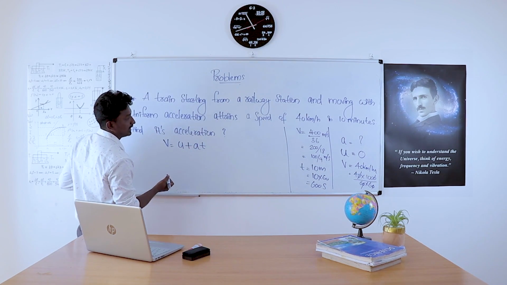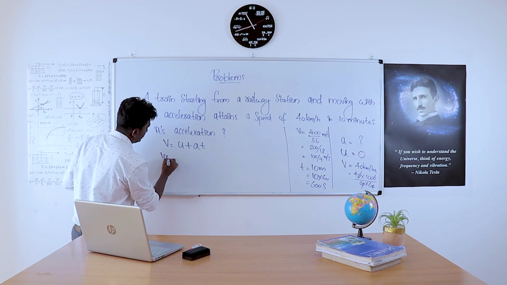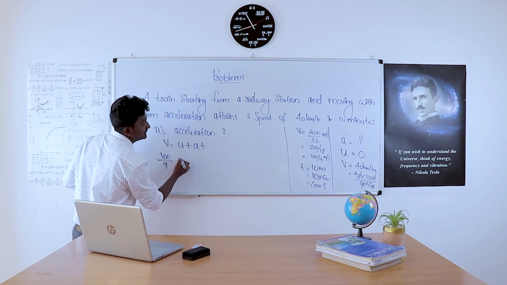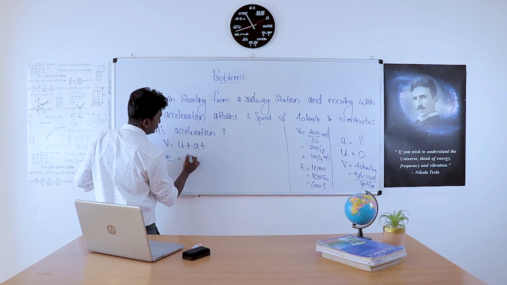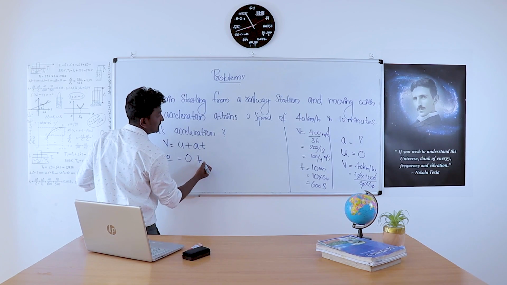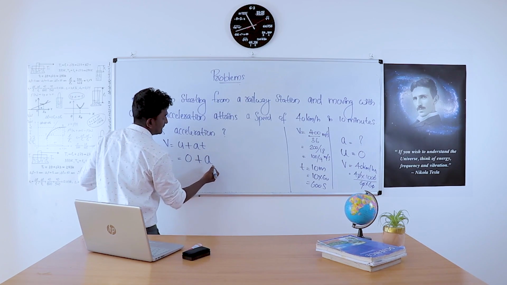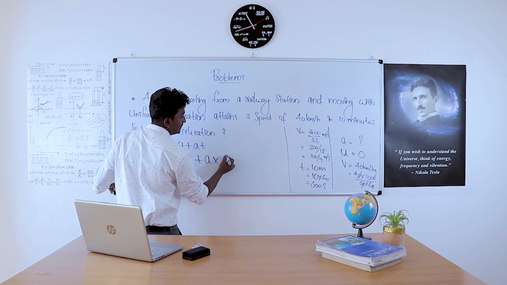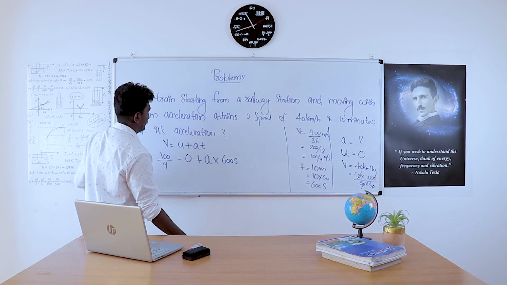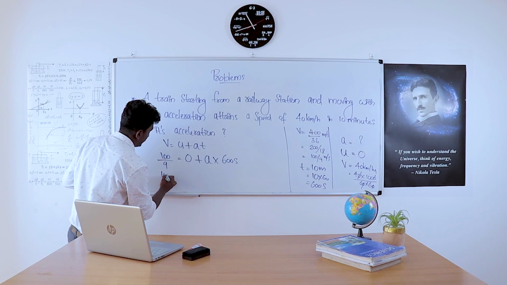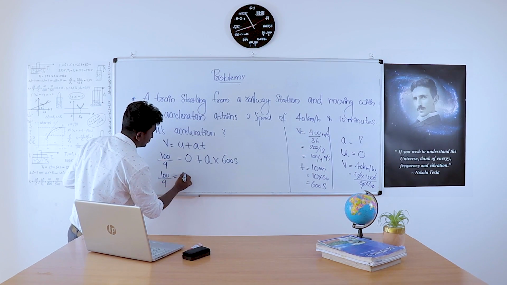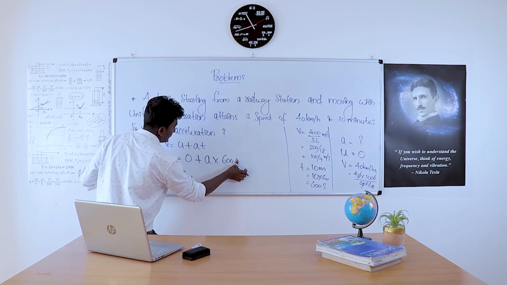Substituting the values, we have v is equal to 100 by 9, equal to u 0 plus, we have to find acceleration a, into time t 600 seconds. Then 100 by 9 is equal to 600 a.